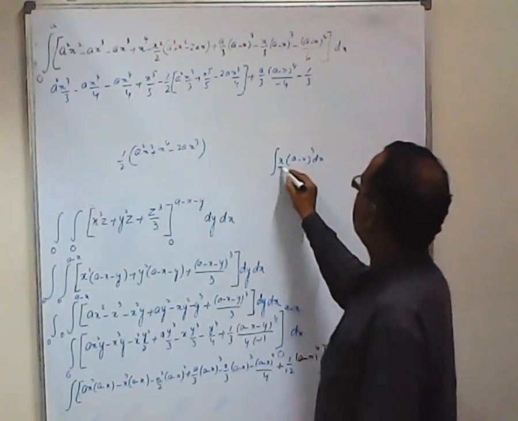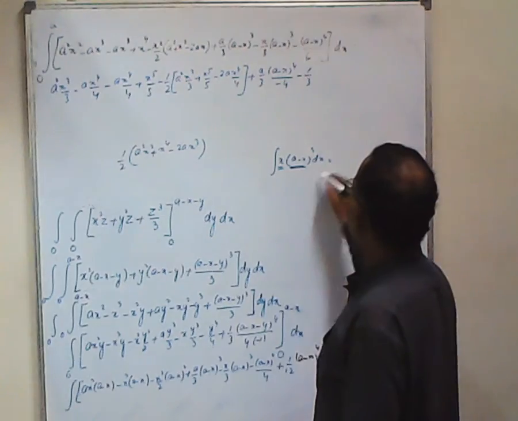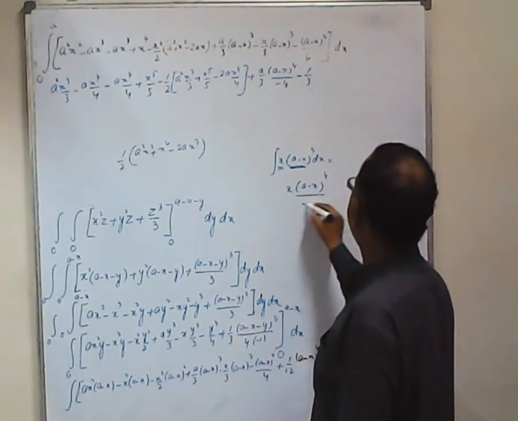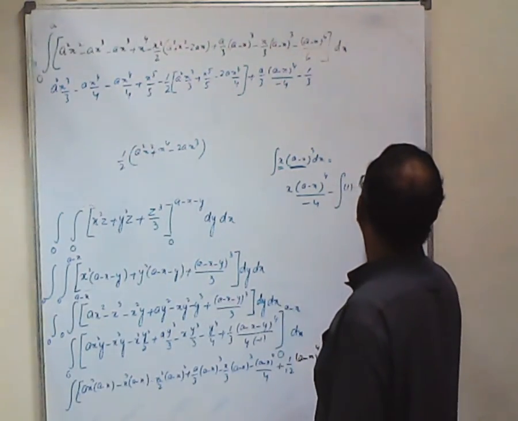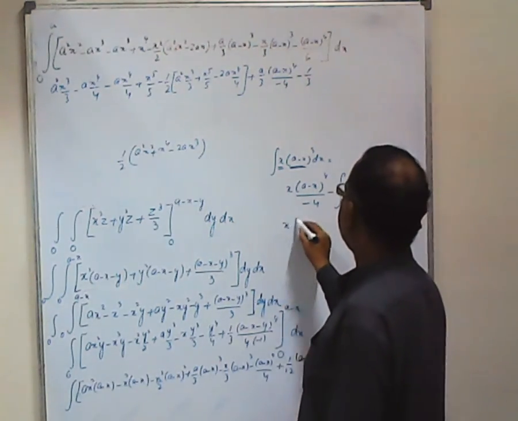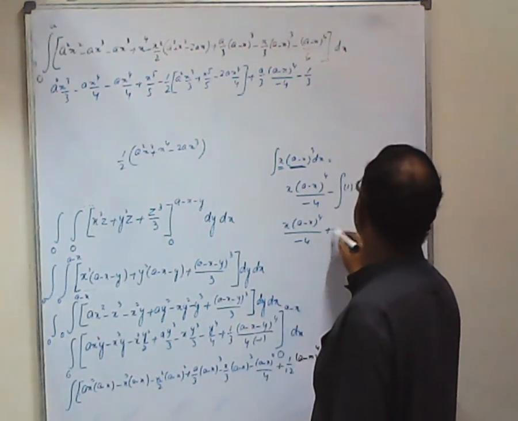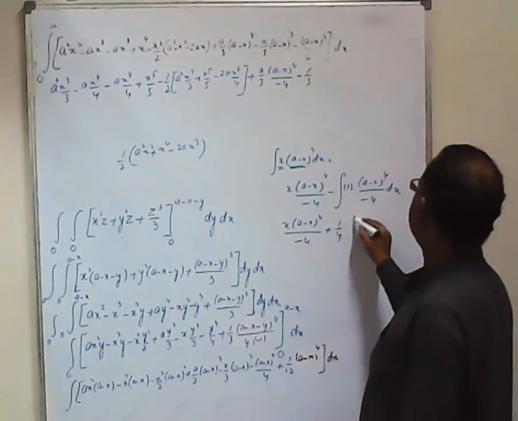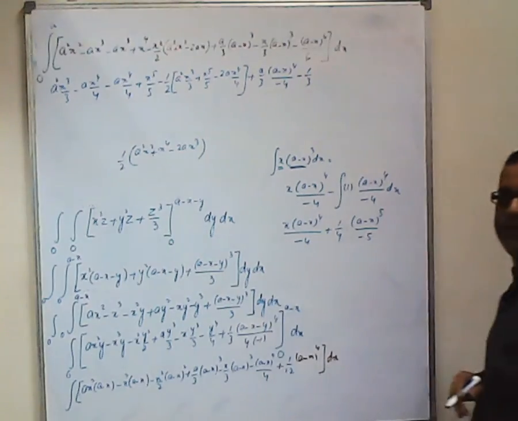Okay, so if I try u into v, yes, it is possible. So it means I can write u into integral of v minus integral of derivative of u into integral of v. So it means we have x times a minus x power 4 upon minus 4 minus minus plus 1 upon 4. And again integrating, this will give a minus x power 5 upon minus 5.